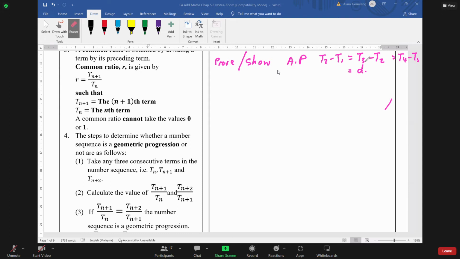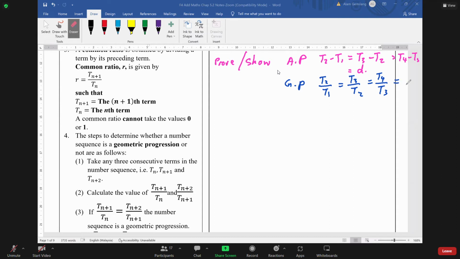Now for GP it is also the same. If you want to prove or show a GP, you need to show that T2 divided by T1 is equal to T3 divided by T2, or T4 divided by T3.